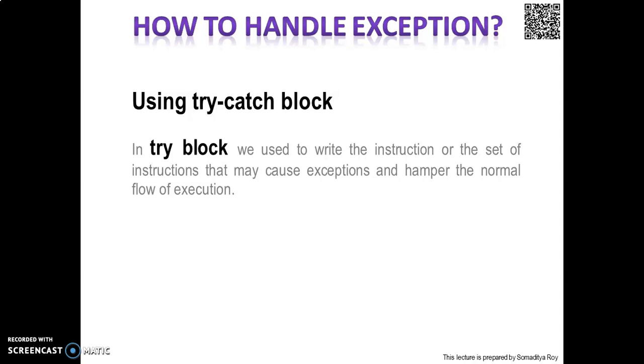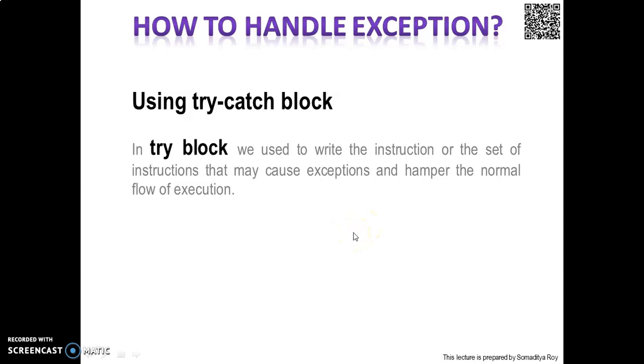So let us consider something like 5 divided by 0. If we try to write that instruction, there is a chance of exception. So we put those instructions within the try block, that means the instructions which may lead to an exception.